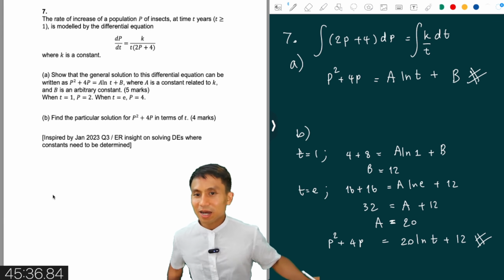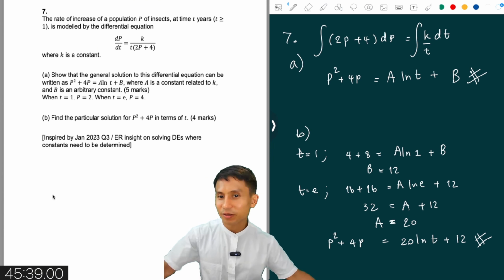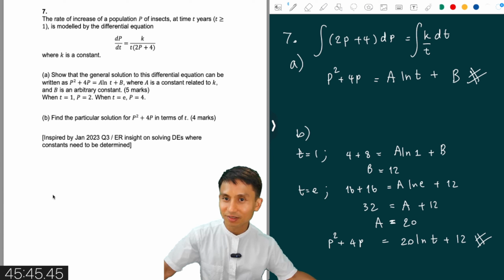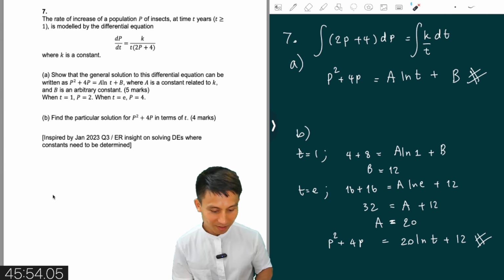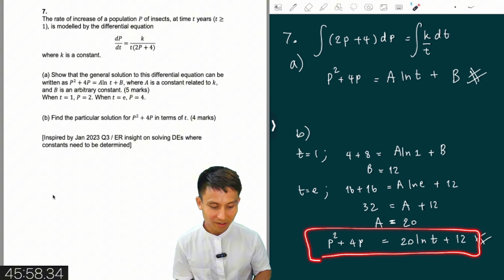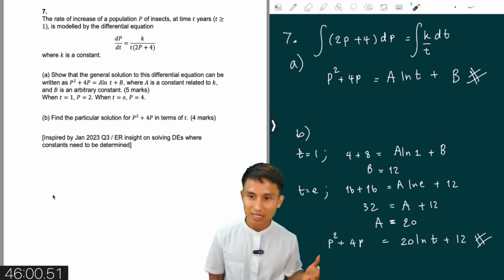Not so bad, right? I don't know why there are so many marks there. That's too many marks to give for this. Could have been harder, right, guys? The question could have asked you to find the expression of p in terms of t or something.